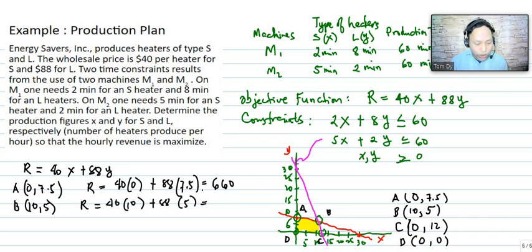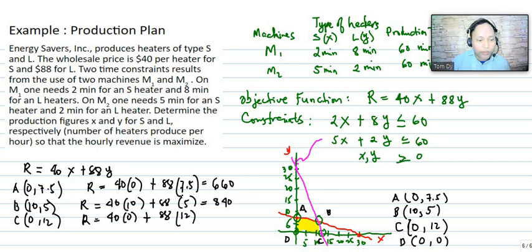Using the calculator, that is 840. For point C, that is (0, 12), our revenue is equivalent to 40 times 0 plus 88 times 12.